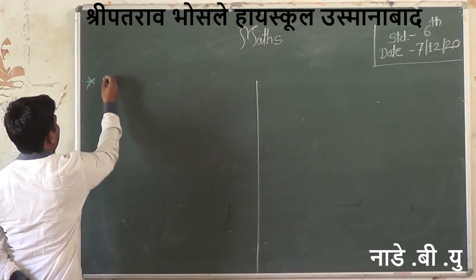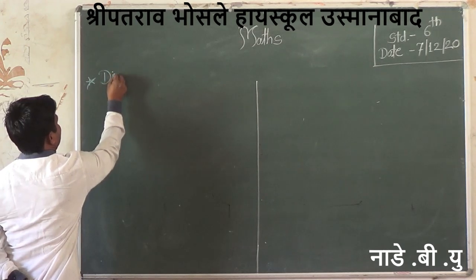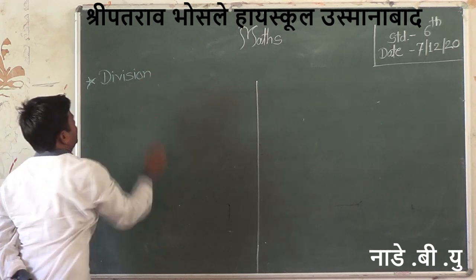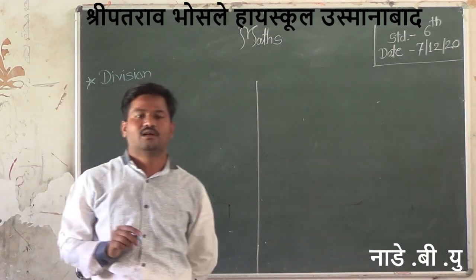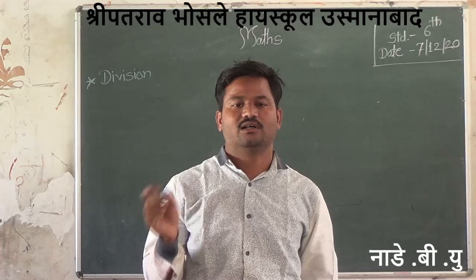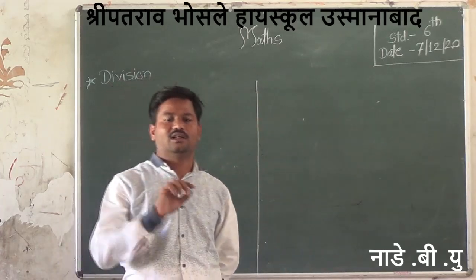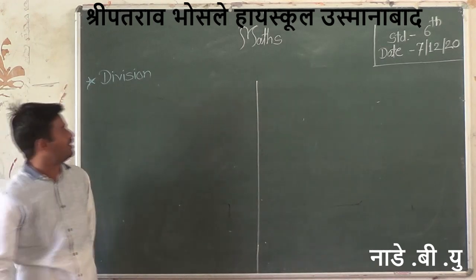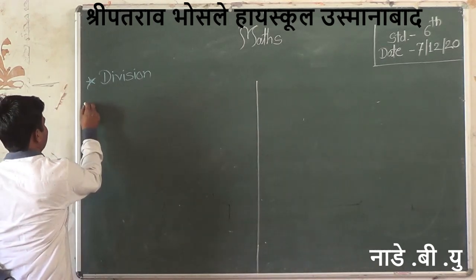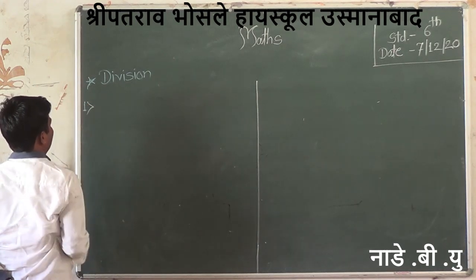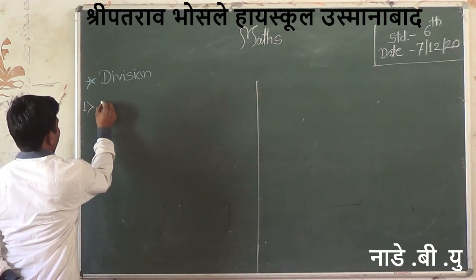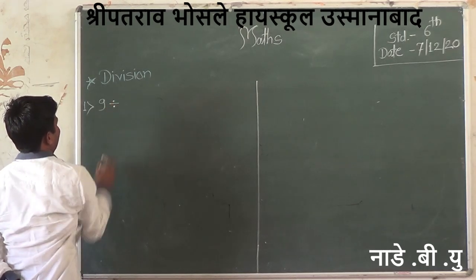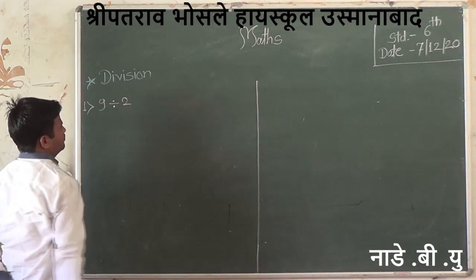You know the division process. In division, we make parts of a given number by another number. Suppose the examples of division are: the first example, an easy example, is 9 divided by 2.